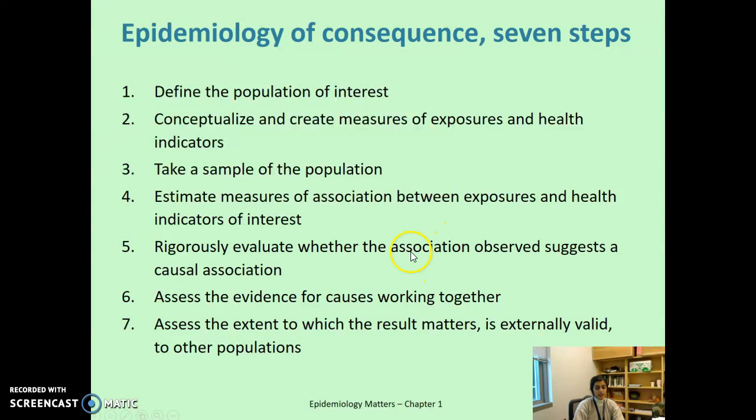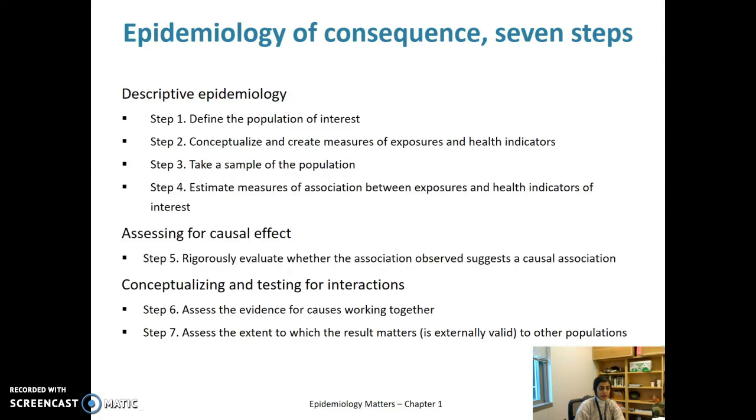Just to summarize, we'll go through each of these in more depth on the next slide. So defining each step according to which part of the analysis that it belongs to.